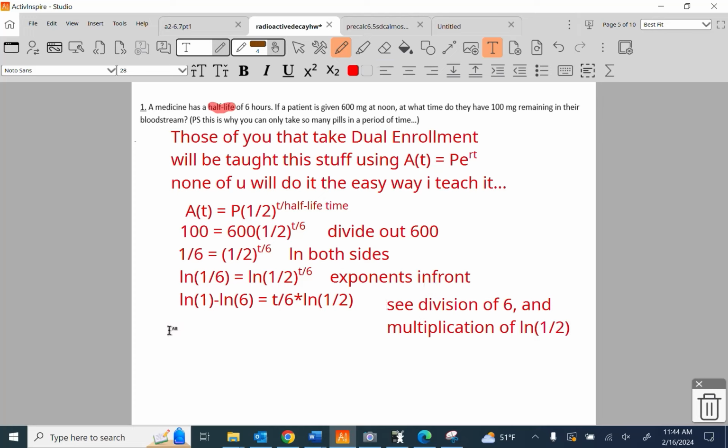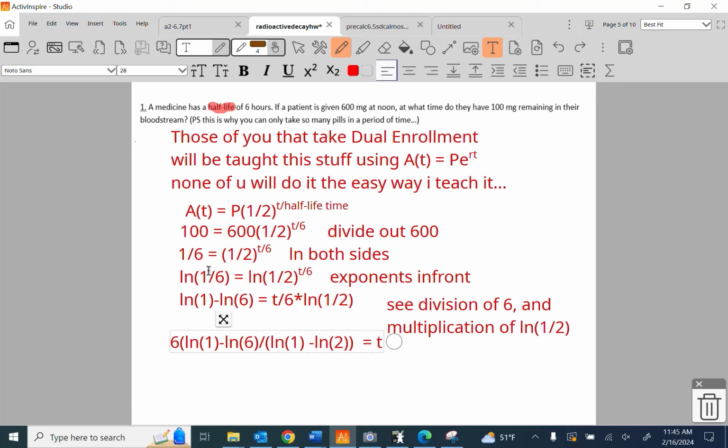I'm going to take the other side, multiply it by 6, and instead of multiplying by 1/2, I'm going to divide by it, which I'm going to write as the natural log of 1 minus the natural log of 2. That's the pretty answer. That's the beautiful answer.